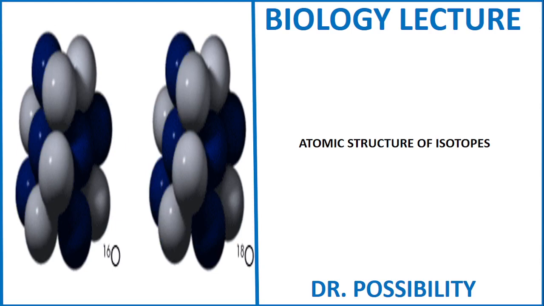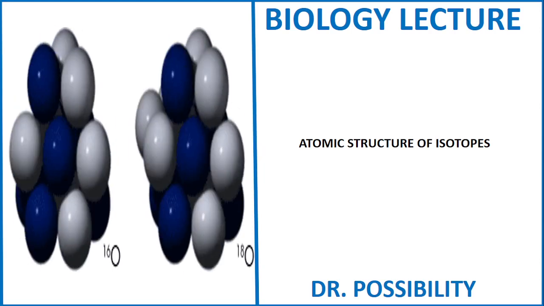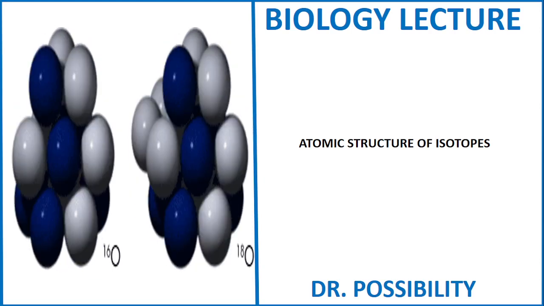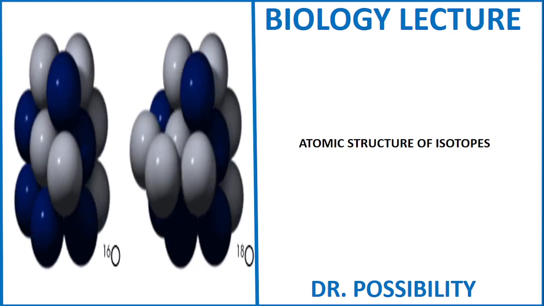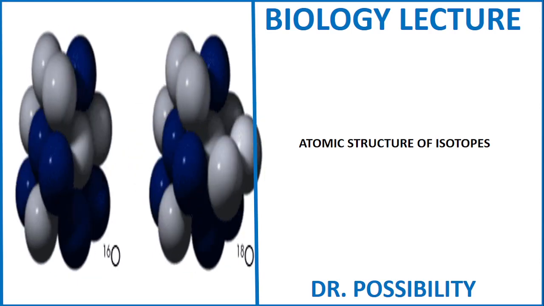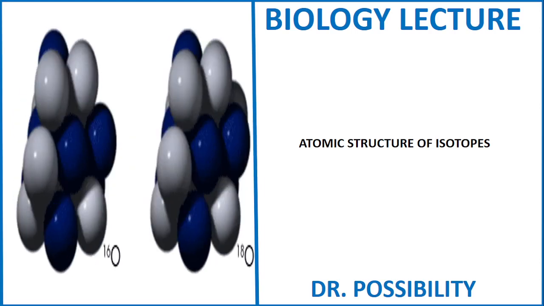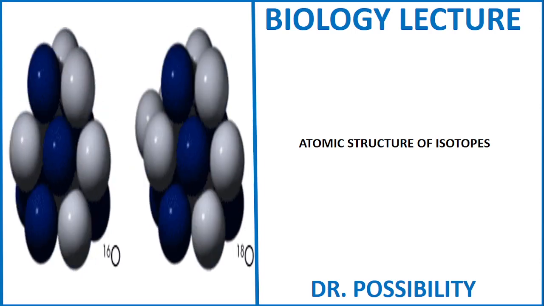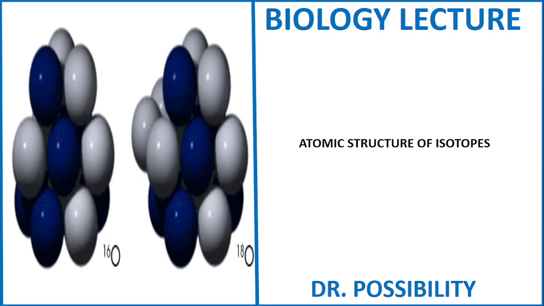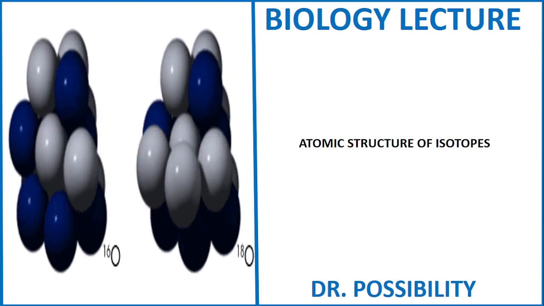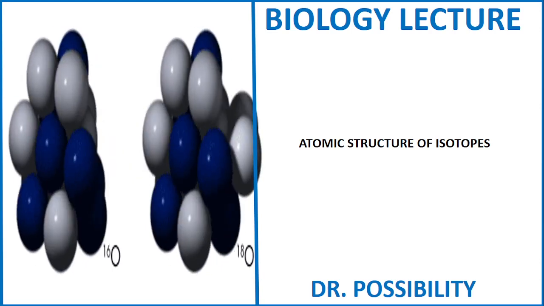There are also other types of oxygen which are slightly different in their nature. So these types of atoms which are slightly different in terms of the nucleon number, these atoms or elements are known as isotopes.